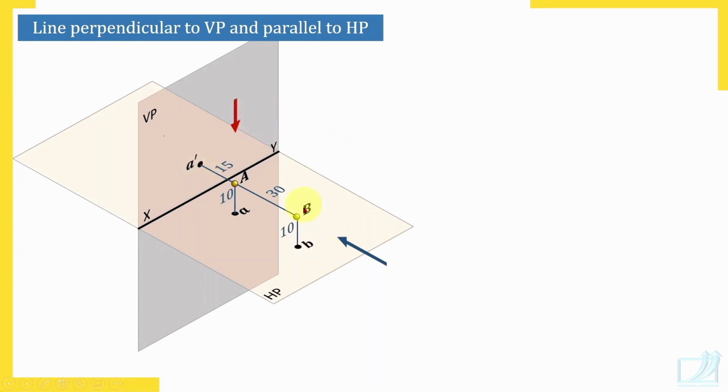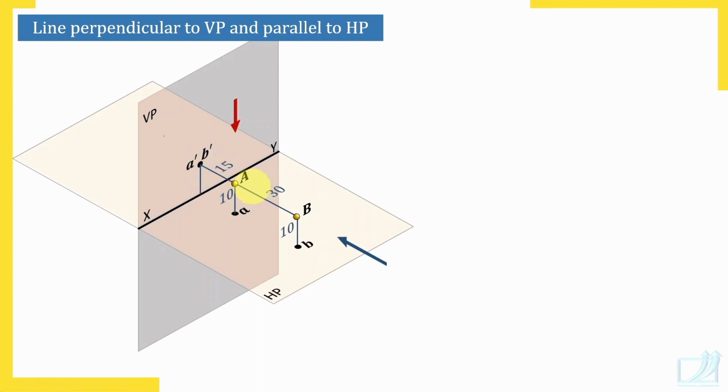Similarly, when you watch from top, or when you project point B vertically on HP, here is the top view of point B, and when you watch from front exactly behind point B, here you will get front view of point B, B dash. Front view of point A and front view of point B overlap here in the front view.